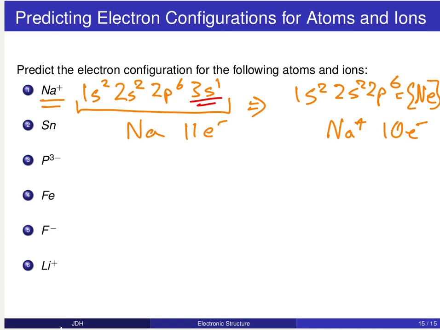This goes back to one of those key rules that you remembered from early on in the course. We remember that when we are forming ions, we are always adding or subtracting electrons such that the ion that is formed has a number of electrons equivalent to the nearest noble gas. And so now we have some quantum mechanical justification for this.